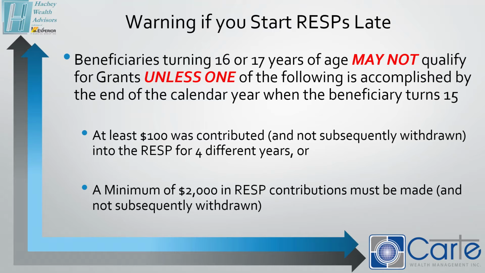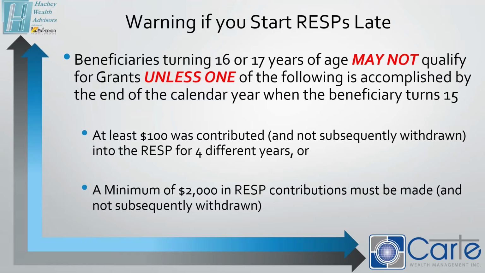In four different years prior, and it doesn't need to be consecutive, you made at least $100 of RESP contributions into your child's RESP, and you did not subsequently withdraw that money. It had to stay as long as the money stood in the RESP. If you made at least $100 contributions in four different years, then you're good.